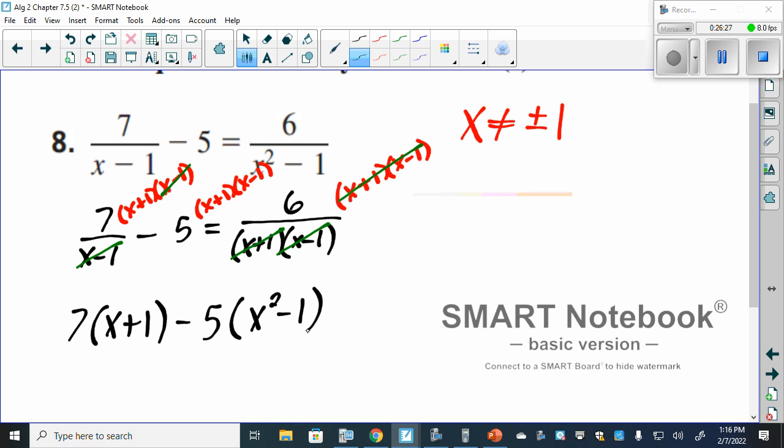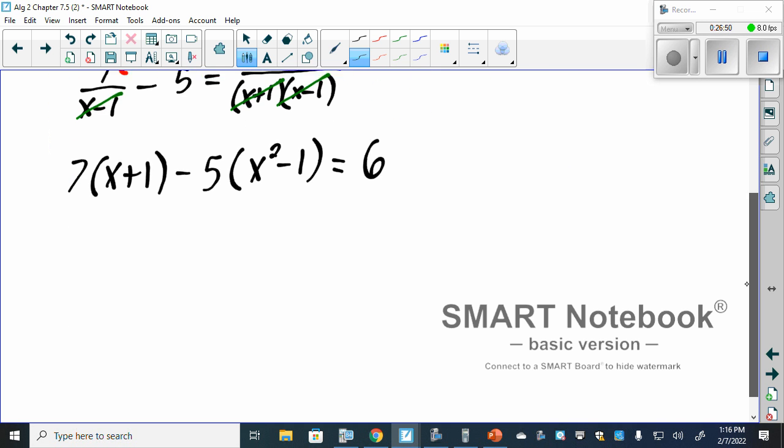Because that's actually where we got the x plus 1 and x minus 1 from, the denominator that was x squared minus 1. So we can put them back together. Is equal to 6. Because luckily for the other side, the entire denominator simplified.